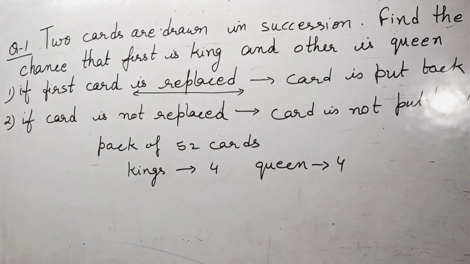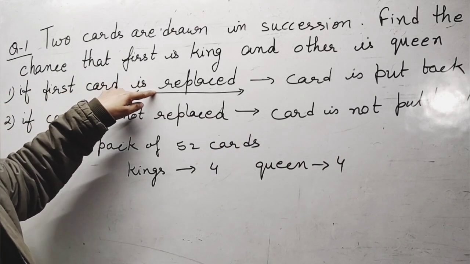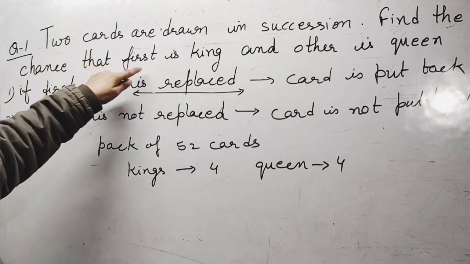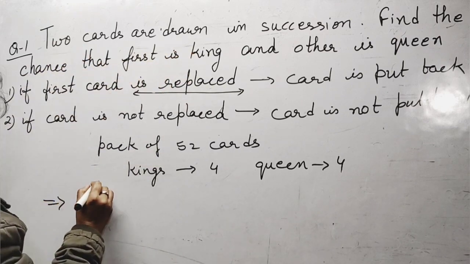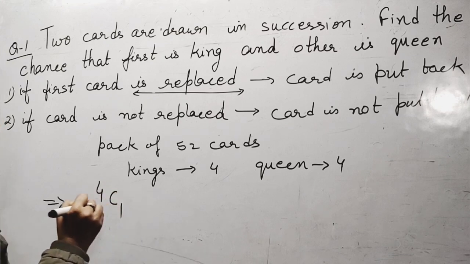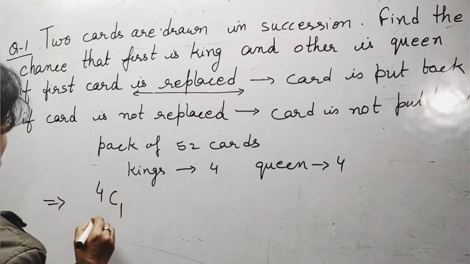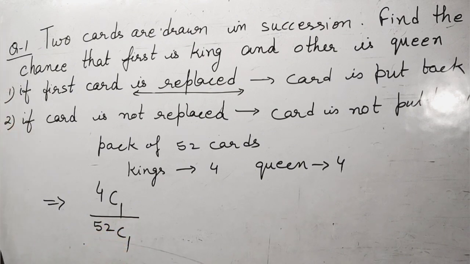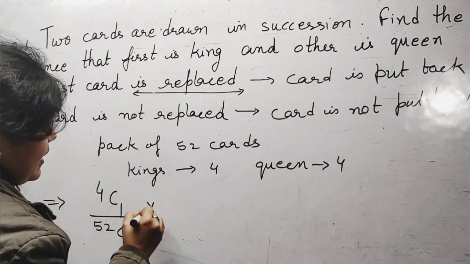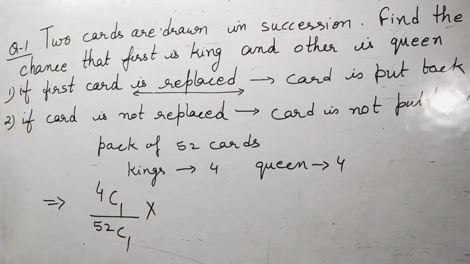Now if the first card is replaced, firstly we draw the king. For that, its probability is: there are 4 kings and we have to take out only 1, and there are 52 cards and we have to take out only 1. This is for the king. After that we work for the queen.